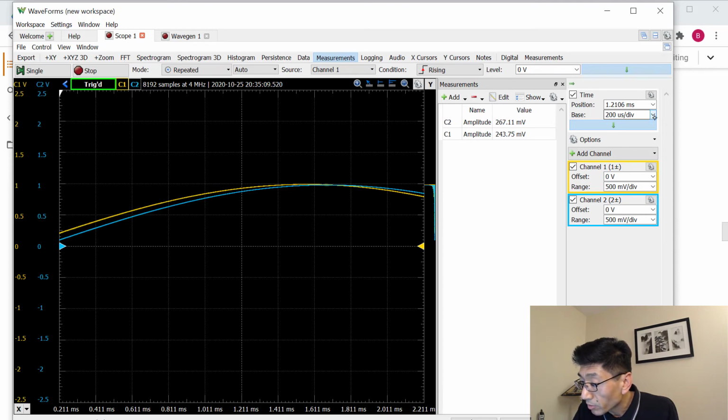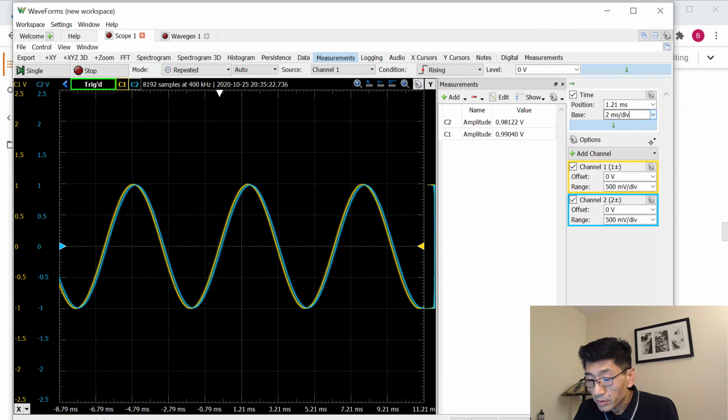So this is a low pass filter. For a really low frequency, I need to change the time scale from 200 microseconds to 2 milliseconds per division. They are getting really close. The input voltage is now close to 1 volt, so they are both very close to each other, but there is still a little bit of phase difference, right?